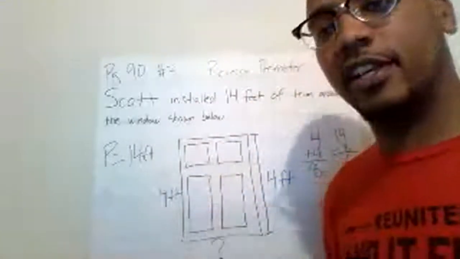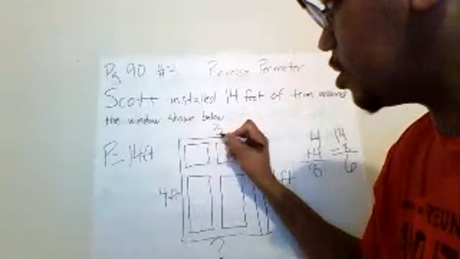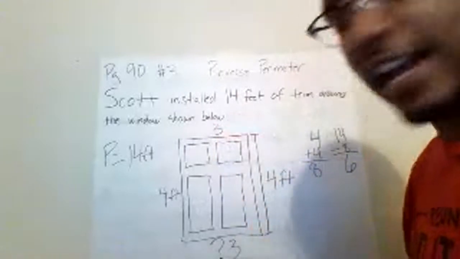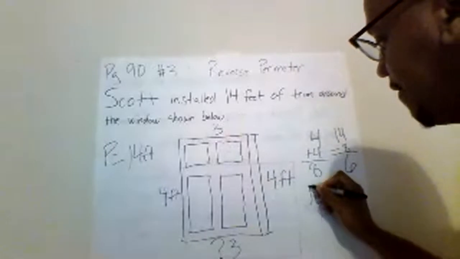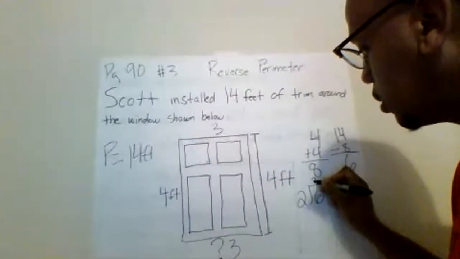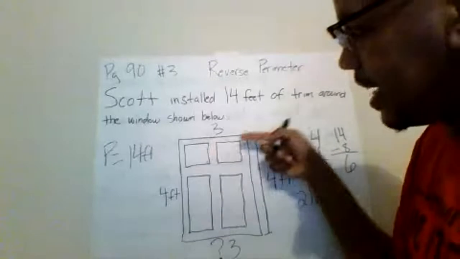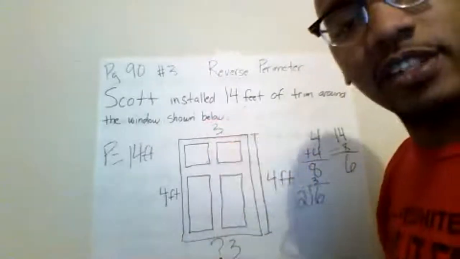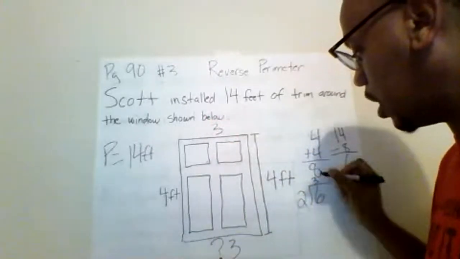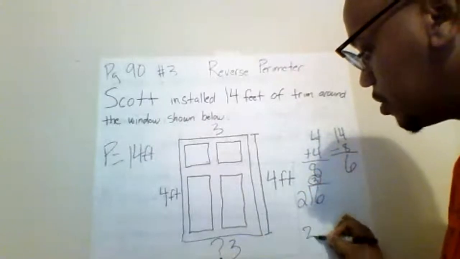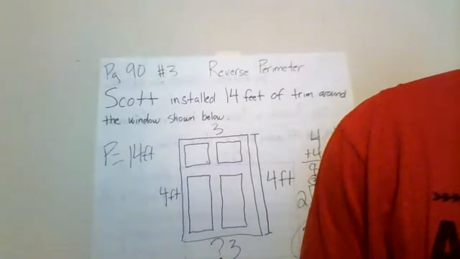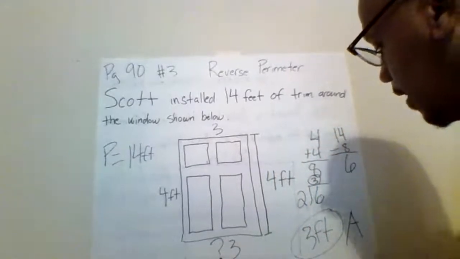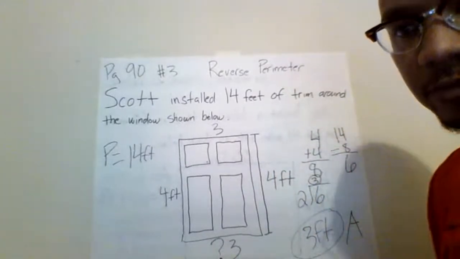Because 3 plus 3 is 6, which means if this is 3, then this also has to be 3. Or you could say 6 divided by 2 is equal to 3. So the answer is 3 feet, and that's answer choice A, like most of y'all already typed in.